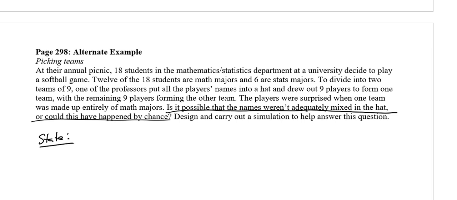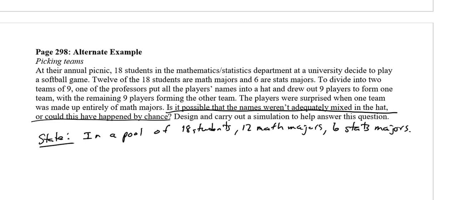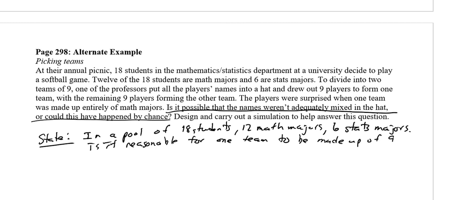In a pool of 18 students, 12 math majors, 6 stats majors, is it reasonable for one team to be made up of 9 math majors when 2 teams are chosen randomly?